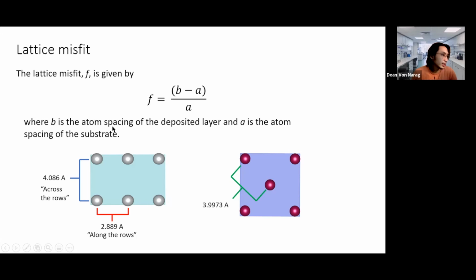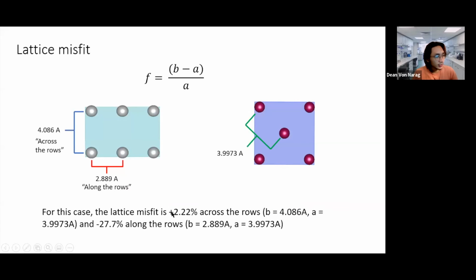Here B is the atom spacing for the deposited layer, and A is the atom spacing of the substrate. So here are our deposit and the substrate. For this case, the lattice misfit is positive 2.22% across the rows. So B is this value here and A is this value here, and negative 27.7% along the rows. So we use B equals this value here and A equals this value here.